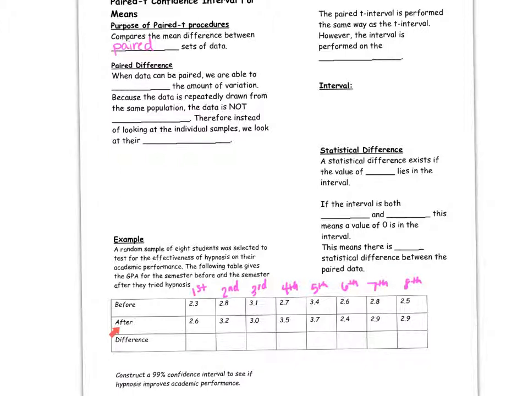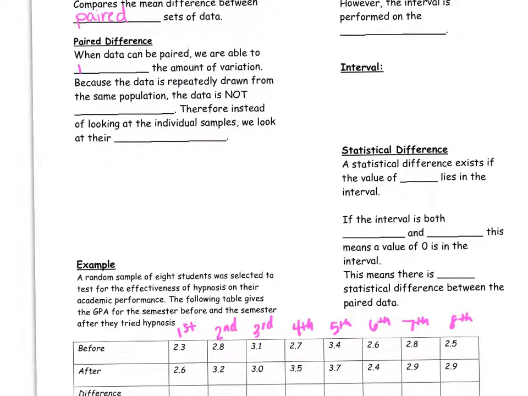Everybody got that? Now, the problem with that though is this. When data can be paired, this is actually the benefit of it, we're able to reduce the amount of variation. Because the data is repeatedly drawn, because you're looking at it before and after, that means you're repeatedly looking at the same subjects from the same population, so the data is not independent.